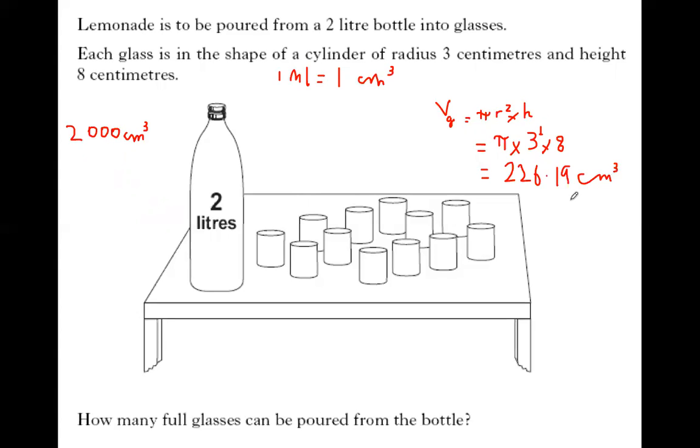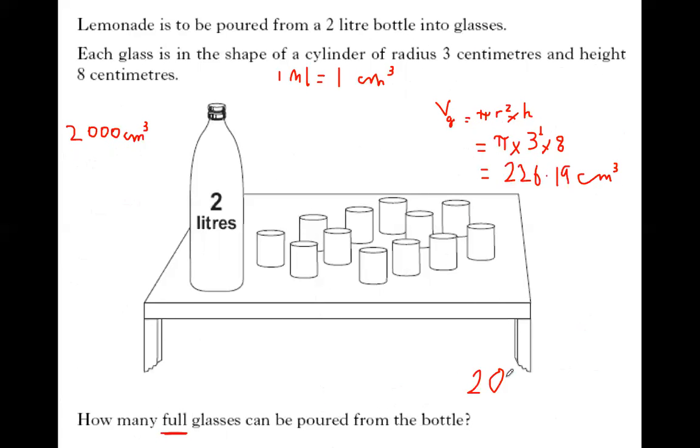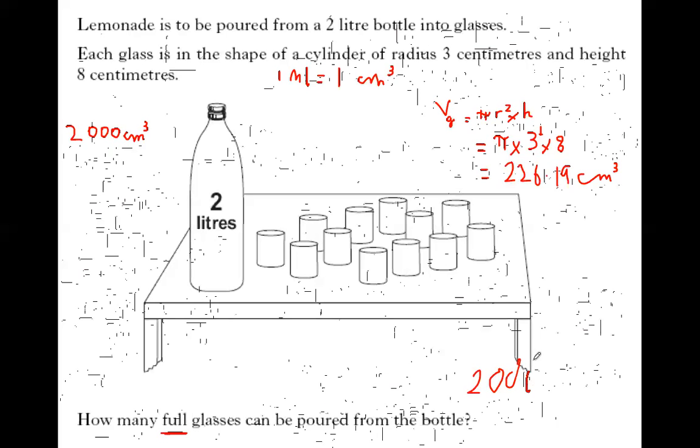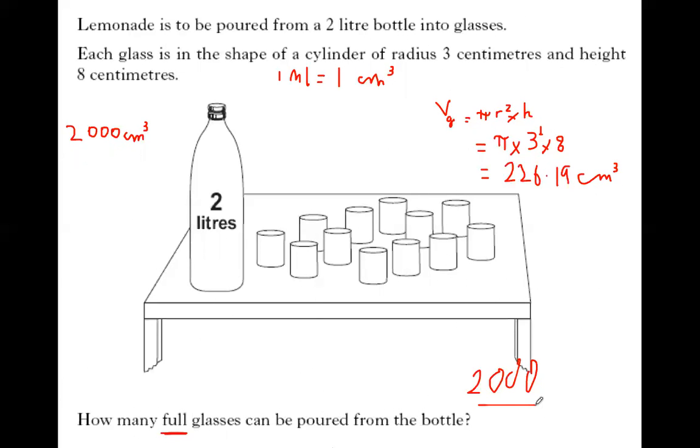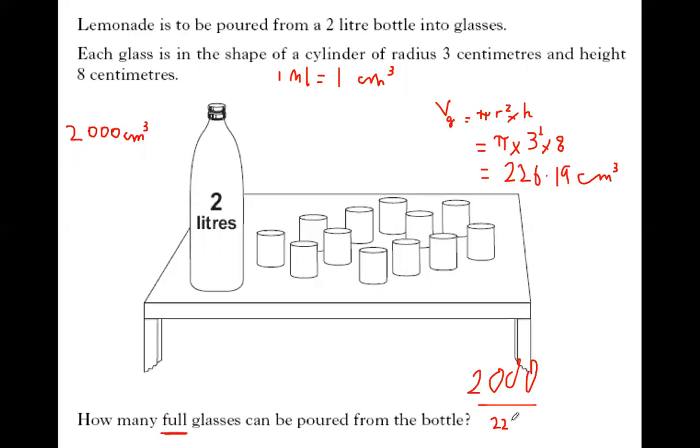So how many full glasses can be poured from the bottle if I got 8.8? Look at the question: full glasses. 2000 divided by 226.19 was 8.8.